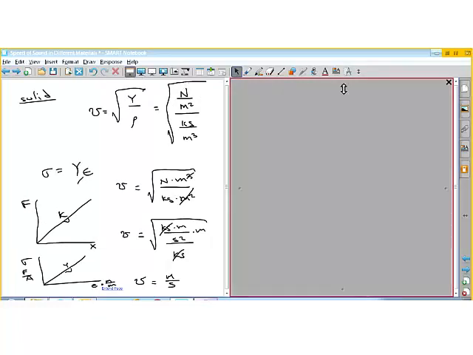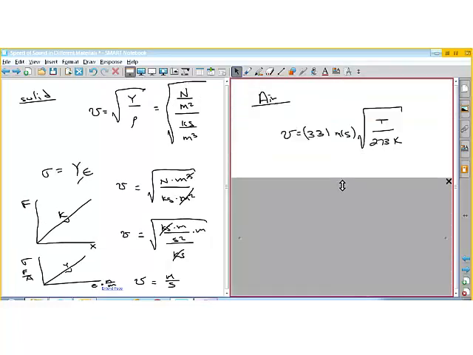Okay. Now for air, which is the one that's most important, we have this relationship that says the velocity at a given temperature is equal to 331 meters per second times the square root of T over 273 Kelvin. So 273 Kelvin is the temperature at which the velocity is 331 meters per second.